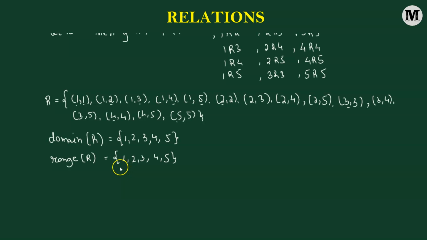Since the range also contains all the elements of the set A, this is also going to be the codomain of the relation R as well. So here we have also observed that the domain and the range of the relation R are equal to each other.